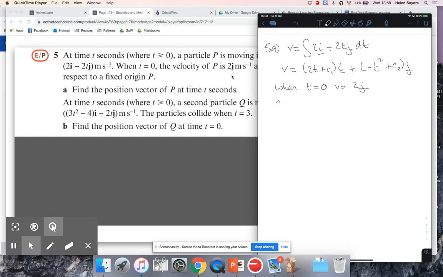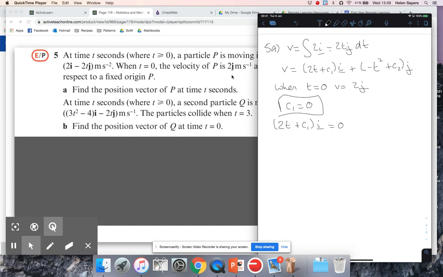And I am told that when t is 0, the initial velocity is 2j. So when t is 0, there is no i component, so straight off I can say C1 must be 0, because when t is 0, 2t plus C1 i equals 0.